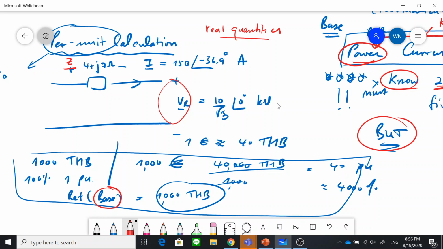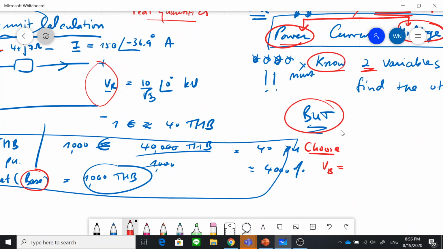So I would just take this VR to be my 100%, or 1 per unit here. That means I choose V base, the base of this circuit, to be 10 over root 3 kV.